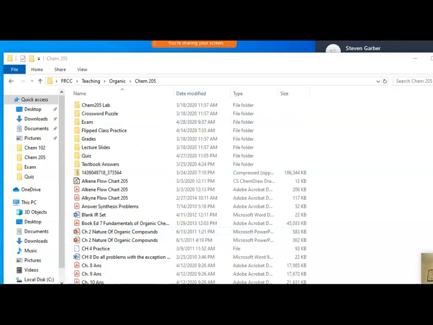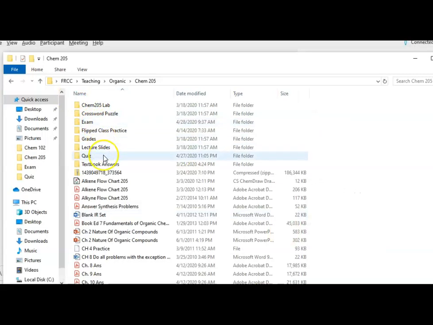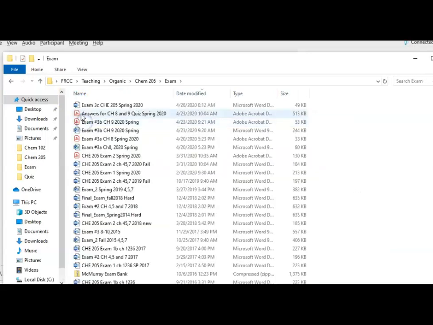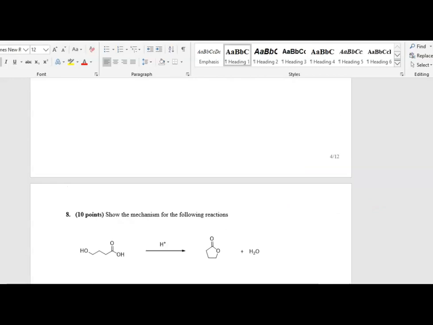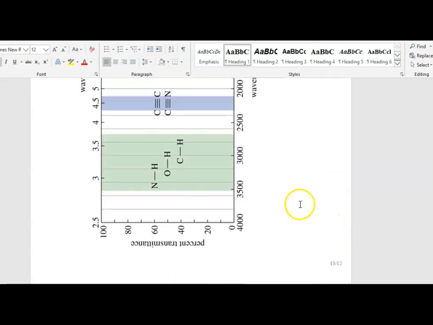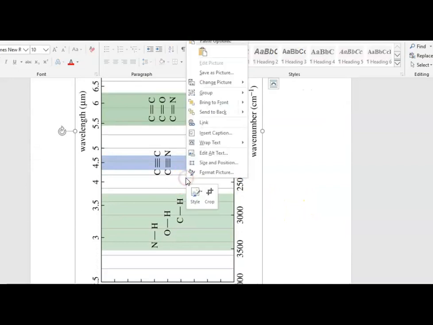Hold on one second. I don't want to share the screen because I think it's in one of the exams. I'll show you the exams. Let's see, final. All right, it's right here.